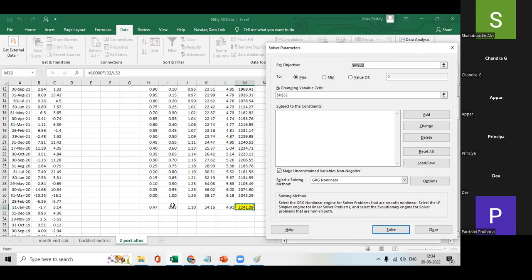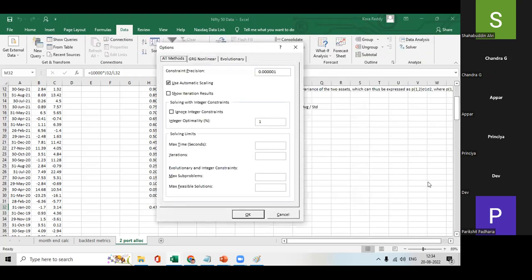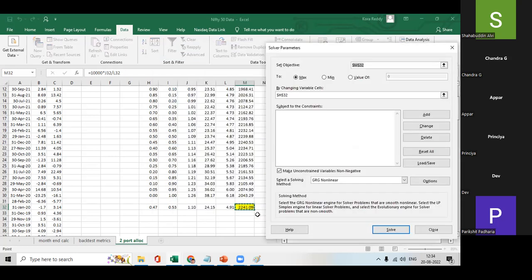This cell also to be greater than 0.1. And then options. Sometimes because I'm in a hurry, I don't want this equation to be solved forever. I'm just giving you 30 seconds. And solve.